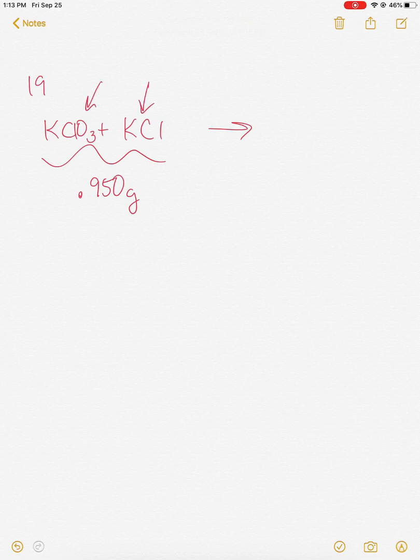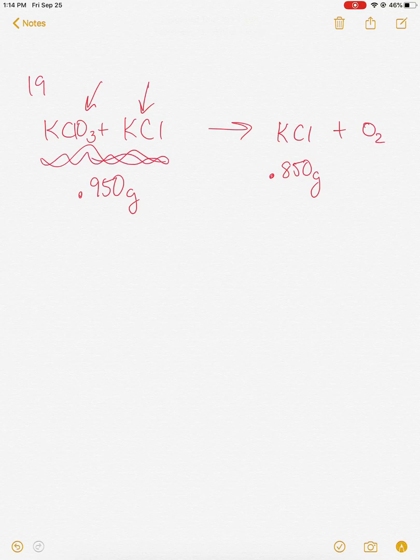Now what you do know is that you end up with some KCl, and we do know that that's 0.85 grams. We know that the only other product is oxygen.